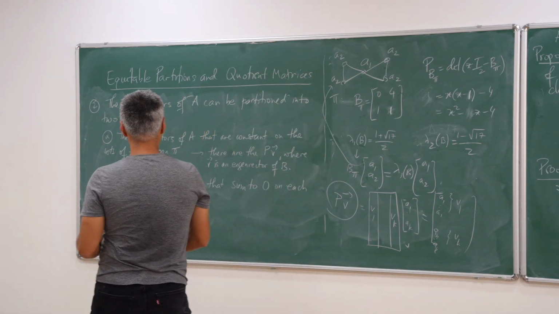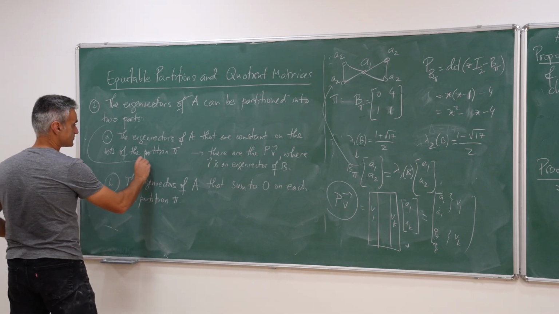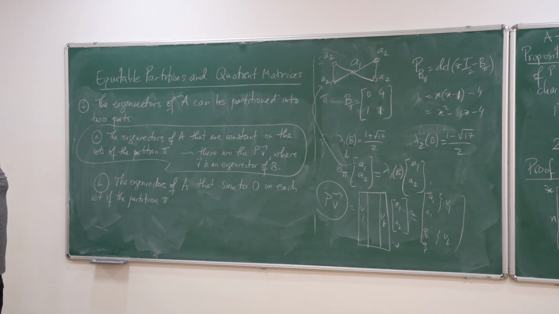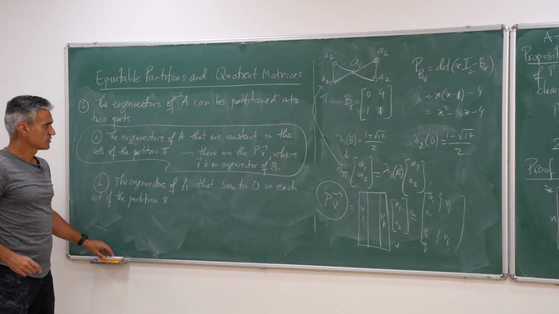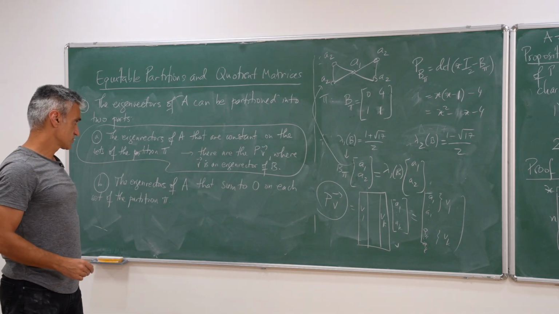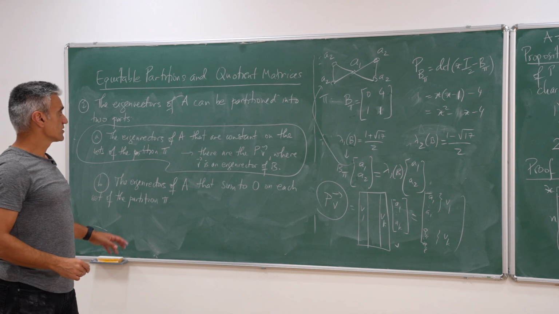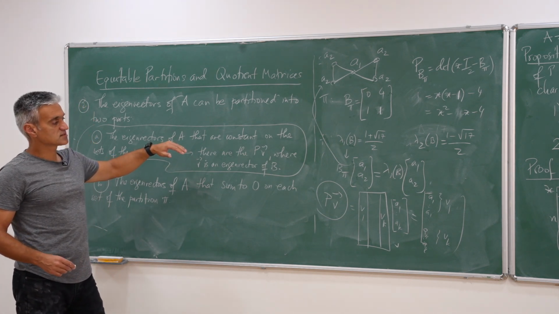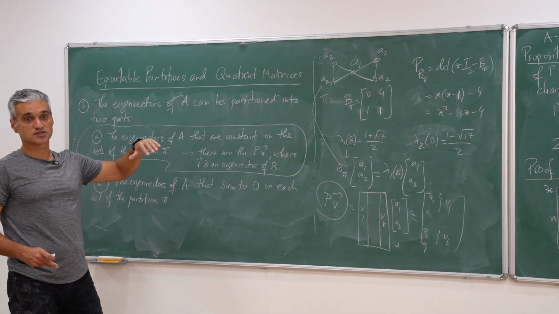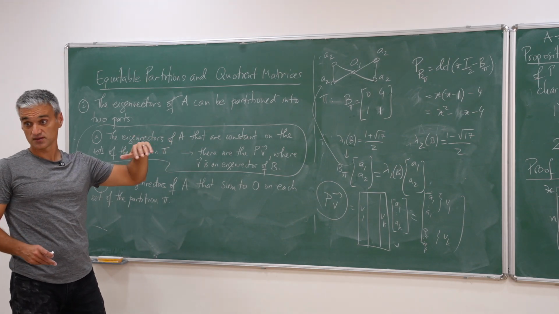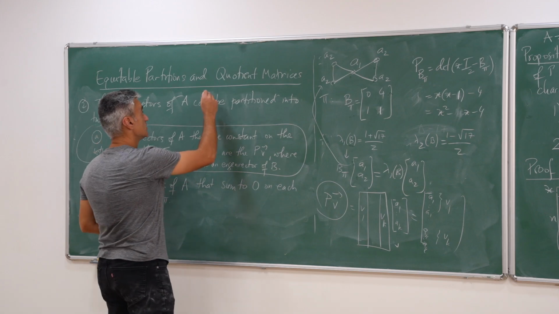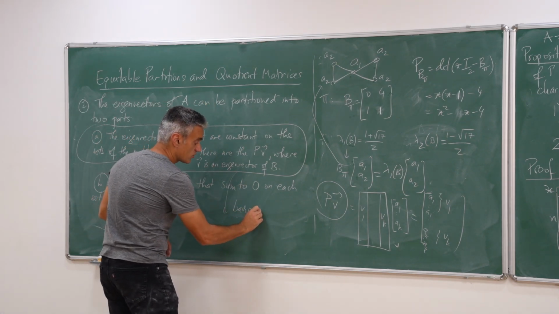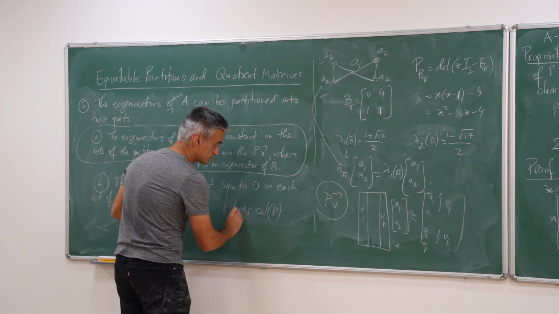So the ones that you have here, these are going to give you a basis of the column space of P. Okay. So the column space. These eigenvectors will give you a basis of the column space of P.